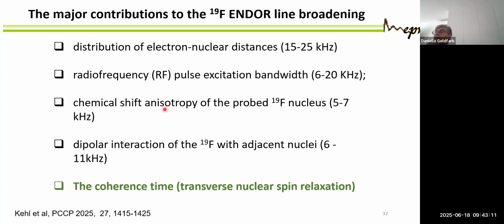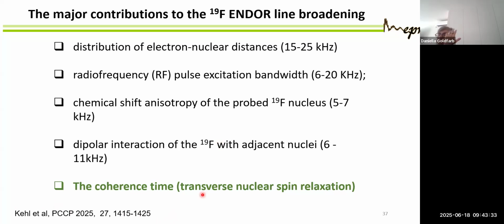There is the chemical shift anisotropy of the fluorine that introduces broadening, and we've seen this in W band. And then a very important contribution is the dipolar interaction of the fluorine with either other fluorines or with other nuclei. So this is again in this paper.